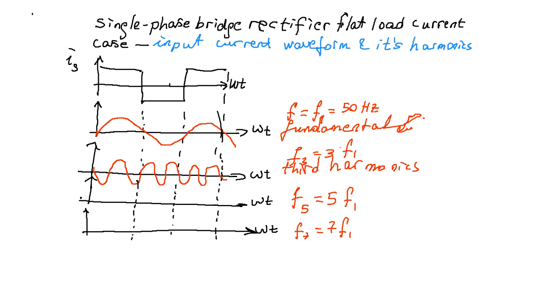So for the fifth harmonic, the amplitude is smaller, however the frequency is 5 times higher. I draw the waveform.